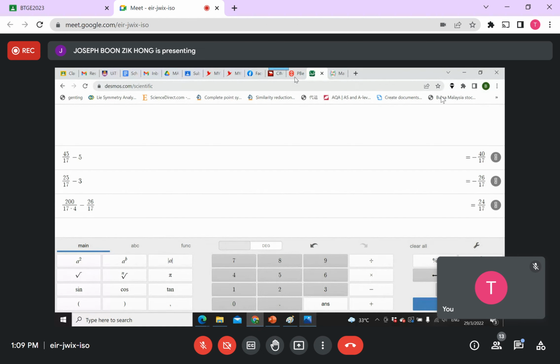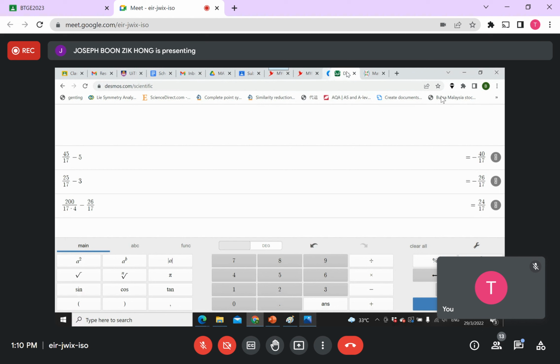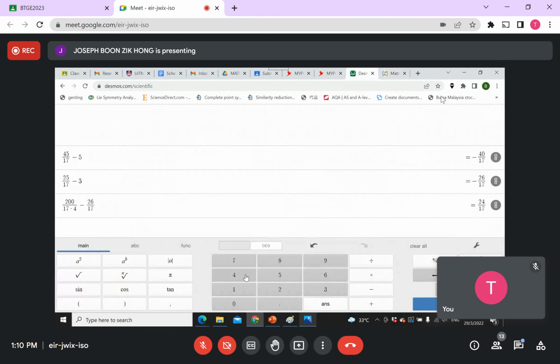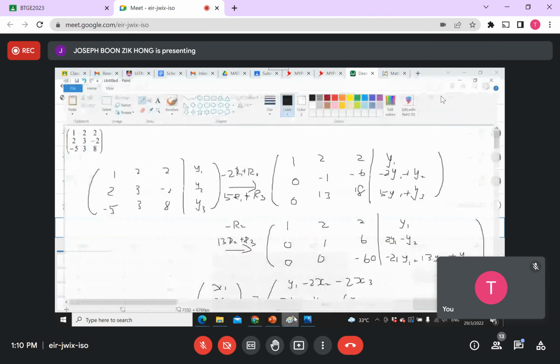Let me close a few tabs because it is very slow. Okay, so I get 1/6, 0.1667.